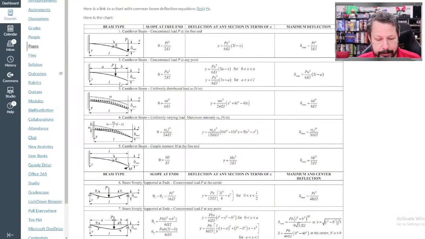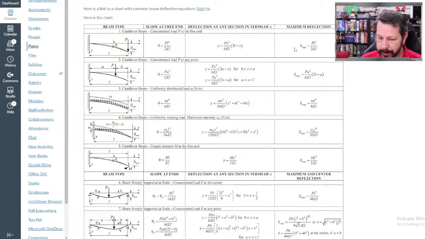In the cantilever beam, as long as these loads go all the way to the end, the maximum deflection is at the end of the beam. If you didn't know, you could use the deflection at any section in terms of x, which we called the equation of the elastic curve, and plug in the value for x.